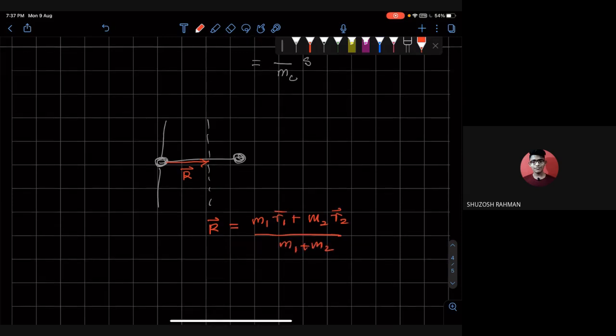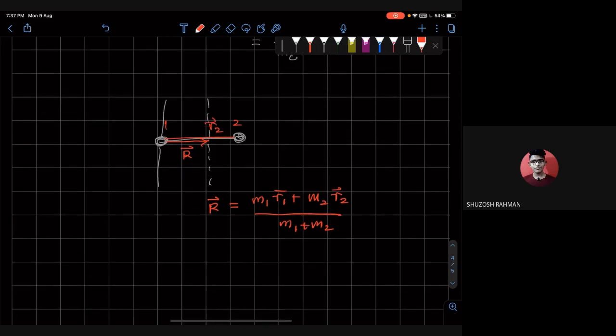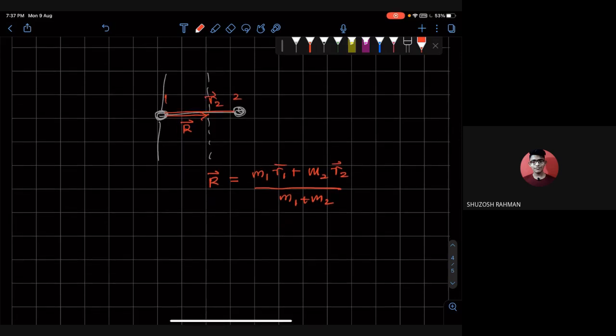In this case, this is 2, this is 1, and this is r_2. I'm choosing it in such a way that r_1 is 0. So I get m_2 r_2 divided by m_1 plus m_2.